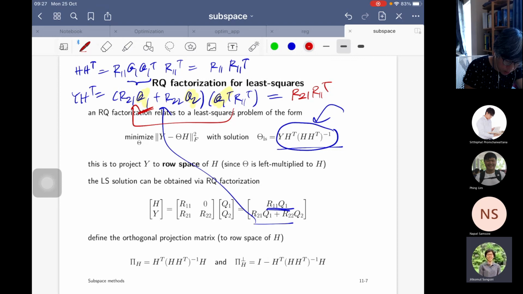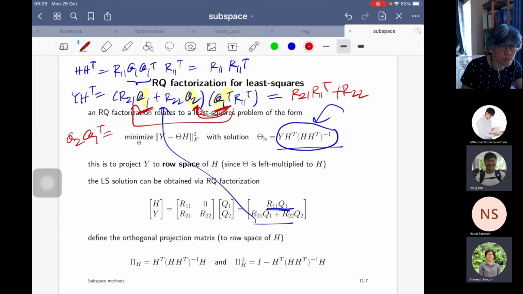Everyone see this? Because Q1 Q1 transpose is the identity matrix. For the second term, I'm going to use the fact that Q2 Q1 transpose is, what is it? It's 0.